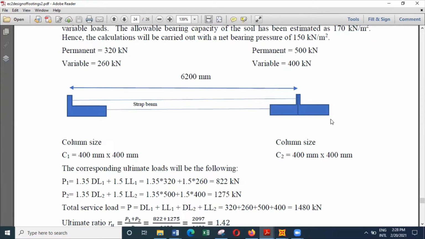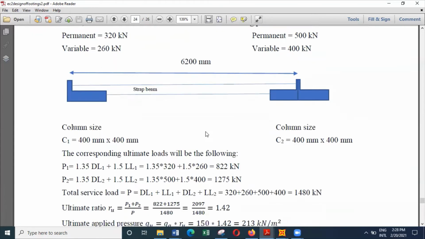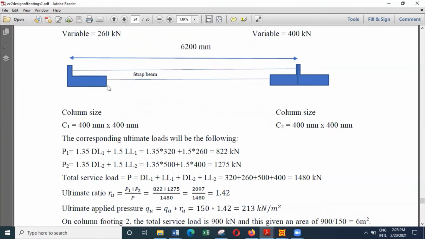So if you have an approximate value for the width of the base that you have already selected based on some trial calculation, then we can also find a reasonable value for the size of this base.